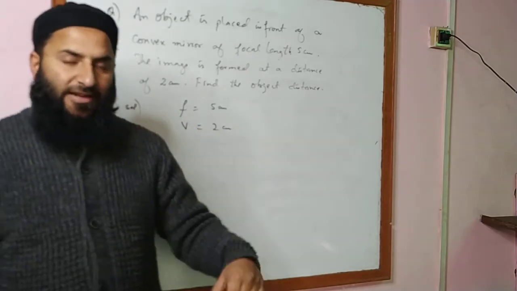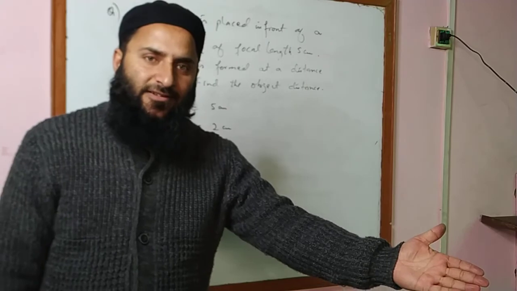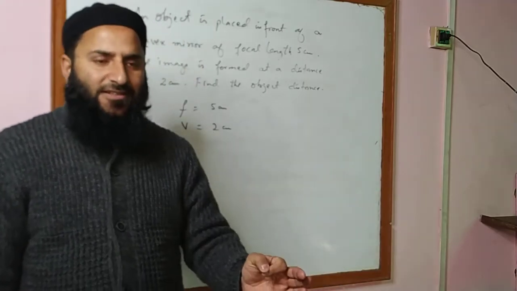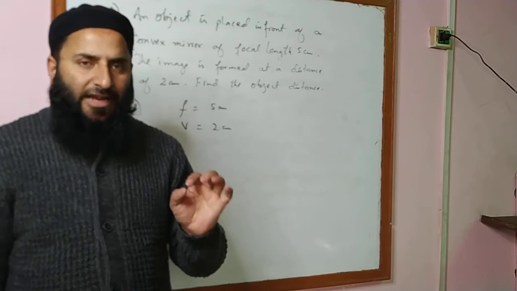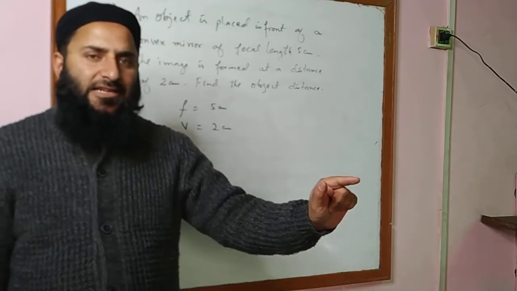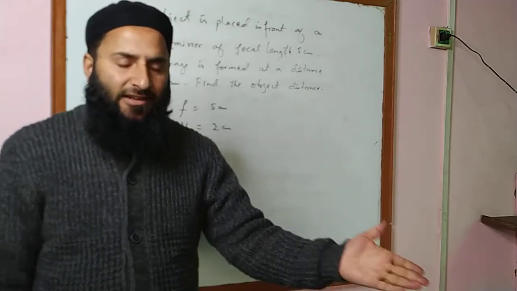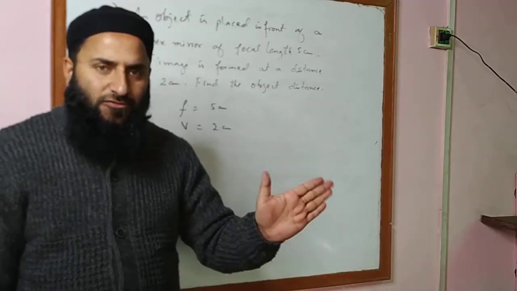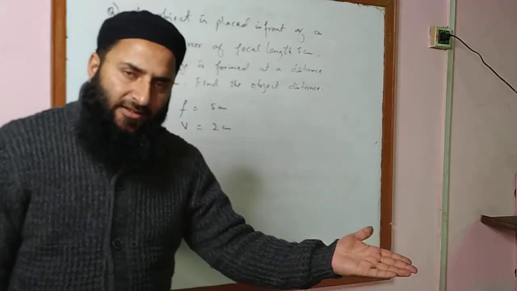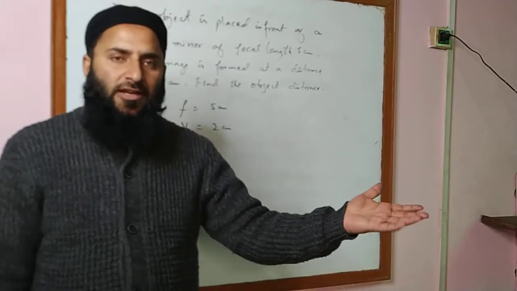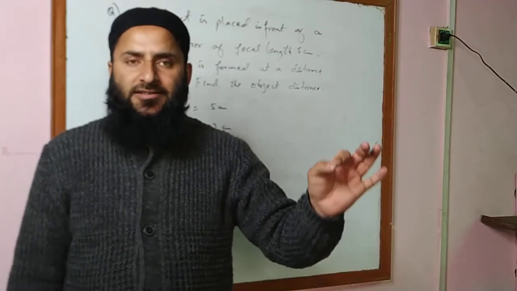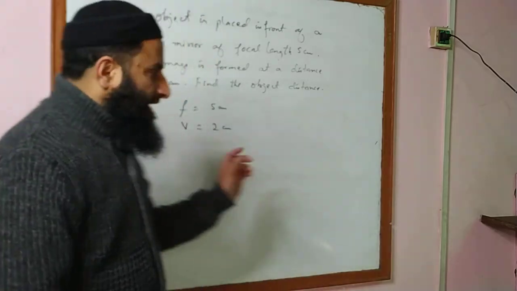Because in a convex mirror the image is formed behind the mirror. When we measure the distance between image and mirror, we go in the same direction in which the incident ray goes, and a distance measured in that direction is taken as positive.